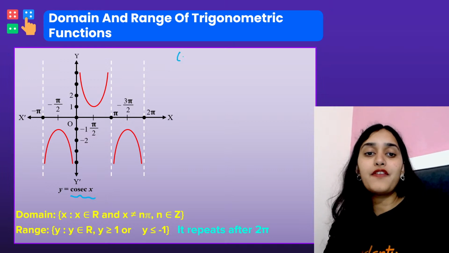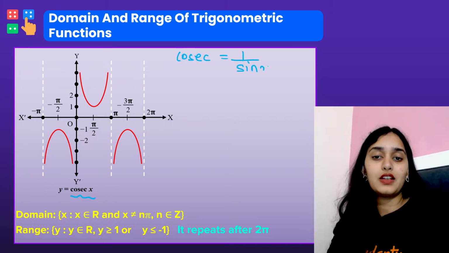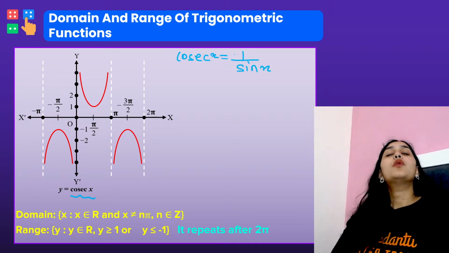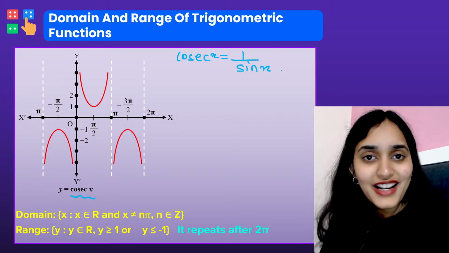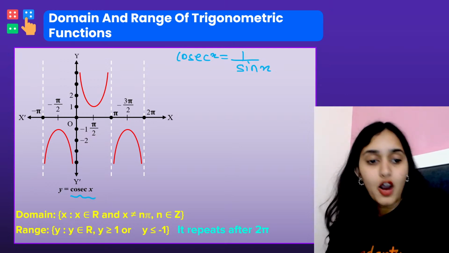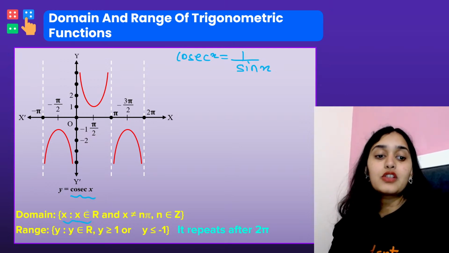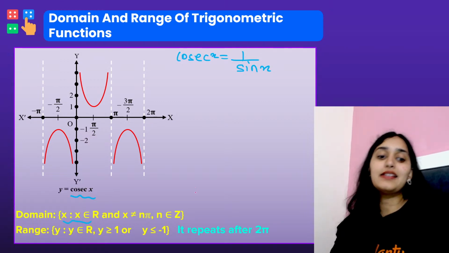Okay. Next comes the cosec function. Now what is the cosec function? Cosec function is 1 upon the sine function, right? Whenever your sine function is 0, cosec will be undefined, right? So, the domain of the cosec function includes all the real numbers except where sine is 0.